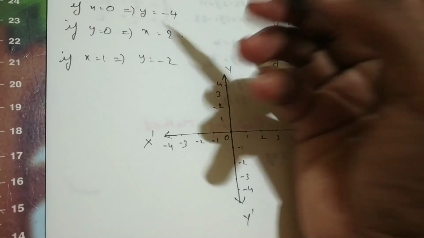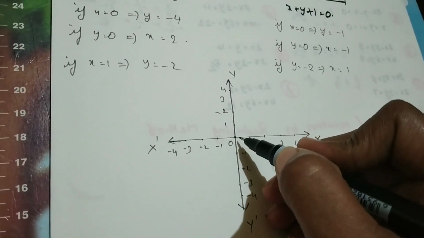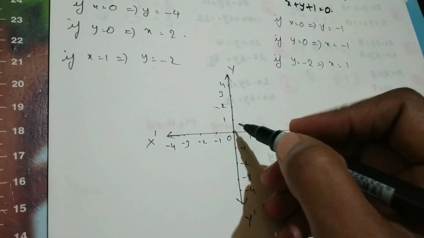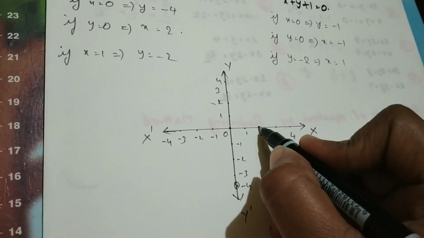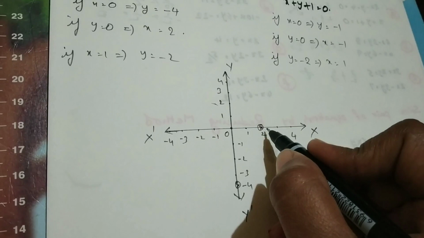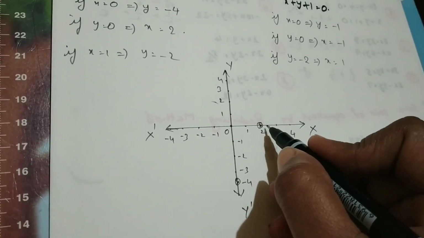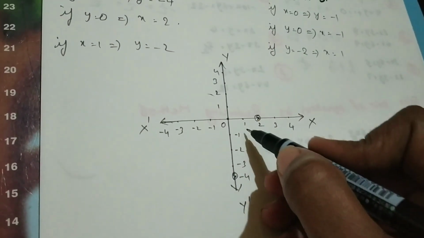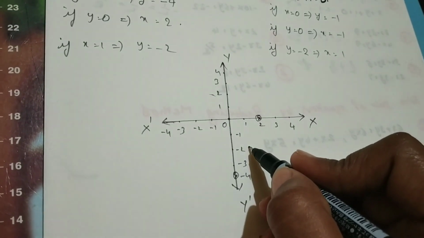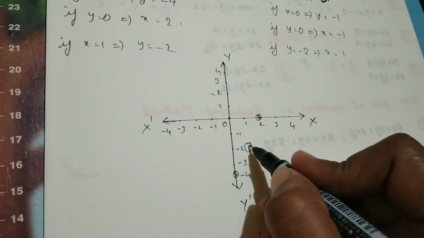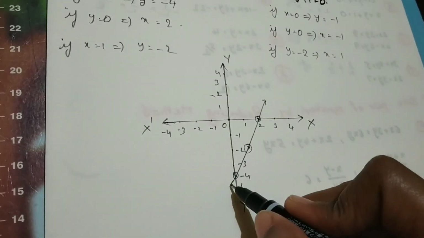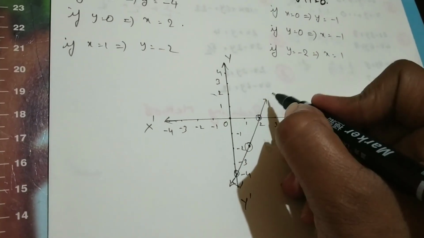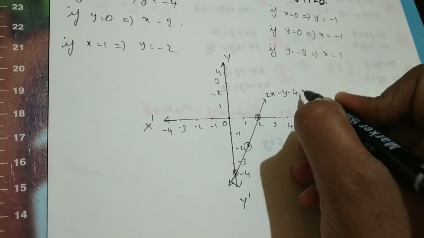For this one, first (0, minus 4) means x should be 0 and y is equal to minus 4. This is the point. (2, 0) means x coordinate is 2, y coordinate is 0 on the x-axis. (1, minus 2) is nothing but here. If you draw the line for the first equation, we will get it like this. This is the first equation, 2x minus y minus 4 equal to 0.